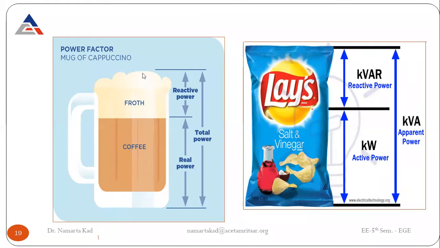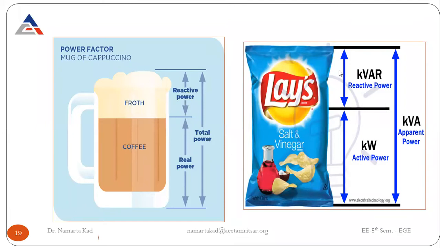The complete amount in the coffee mug represents the total power. The useful part is only the coffee, and the froth is not useful. So the coffee acts as our real power, and the froth, which is not useful to us, acts as the reactive power.